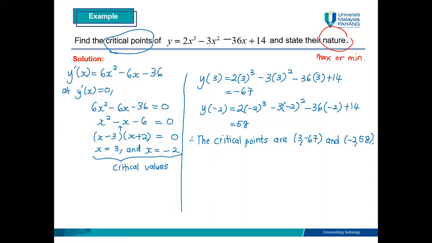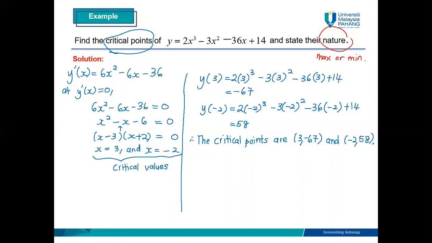Now we want to determine the nature of the function by using second derivative test. So second derivative test bagi saya adalah lagi senang sebab you don't need to construct a table. No need. Much easier for me. What we have to do, you have to differentiate for the second time.